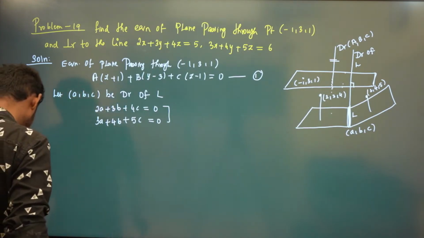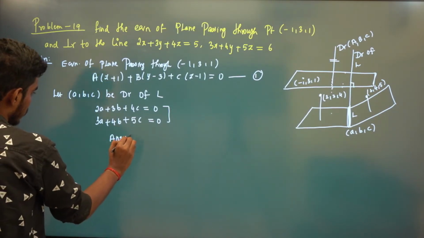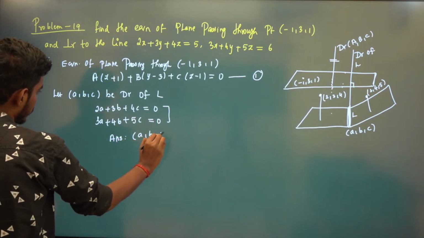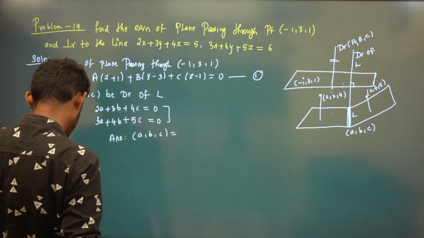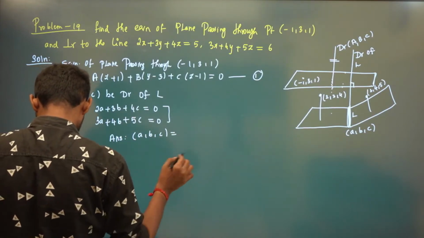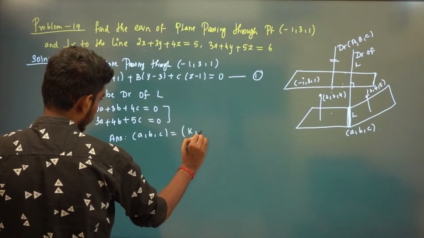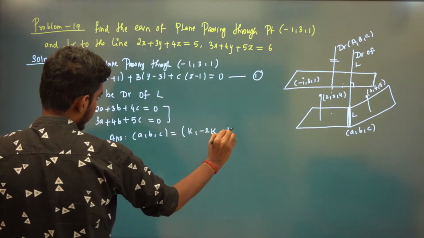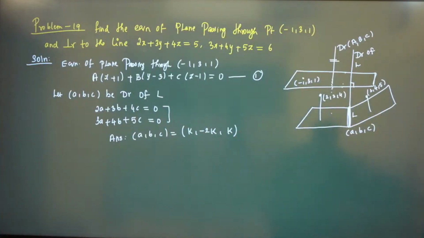You will get one of the direction ratios, in terms of k, right? So you will have k, minus 2k, k.